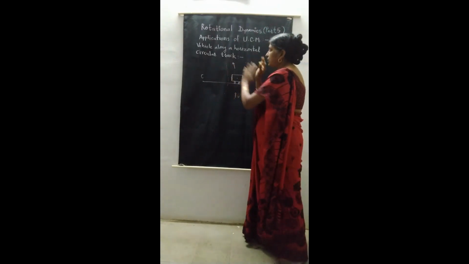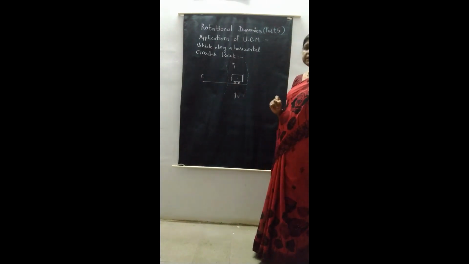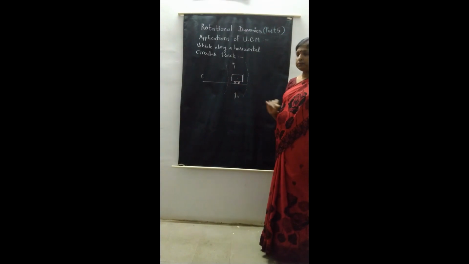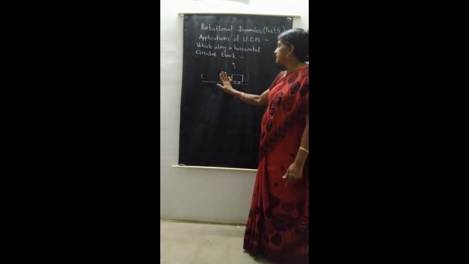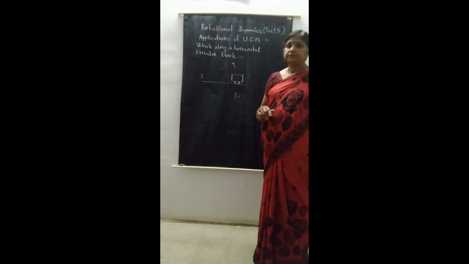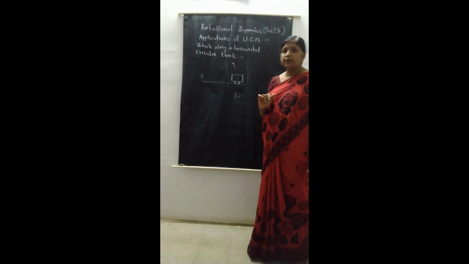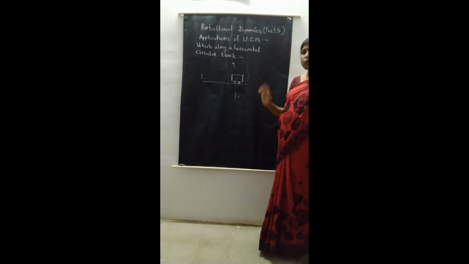This is a curved road and R is the radius of curvature of this circular track or circular road. The road is such that its surface is horizontal. You know that on a turn, sometimes the road surface is not horizontal.